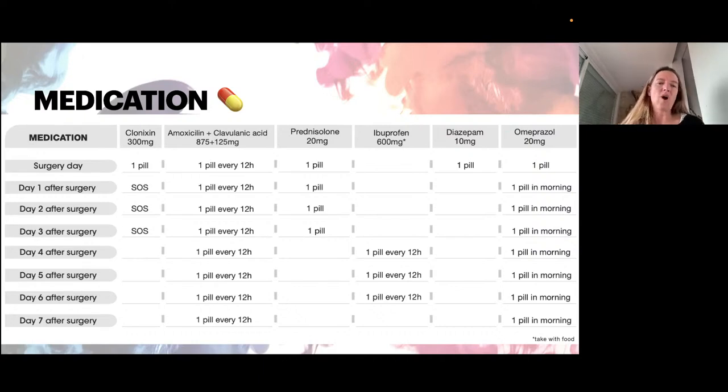The difference here is that at day 4, instead of taking the prednisolone, we will start giving the ibuprofen 12 in 12 hours. This is the only thing that changes. So we give this table to the patient, and we advise them to take the medication following this advice.